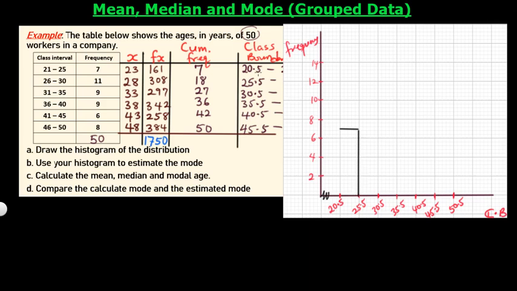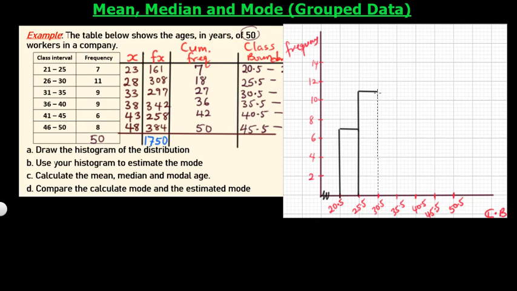Remember, that's the first class boundary. That's frequency 7. The next has frequency 11. So go to where frequency 11 is in between this. 1, 2, 1, 2. So 11 is here. Put it here.